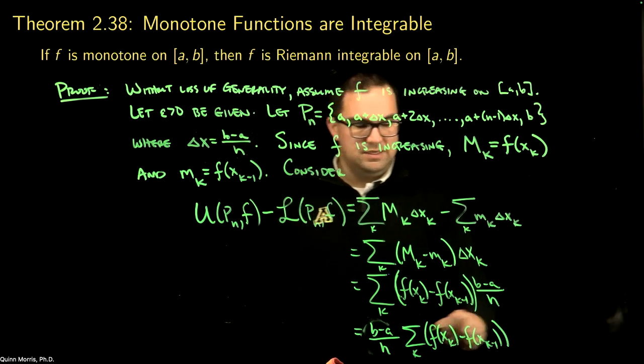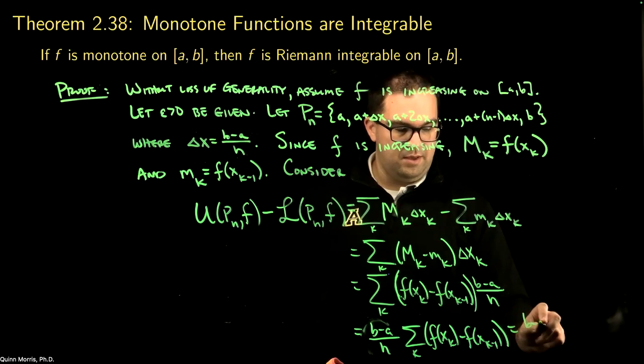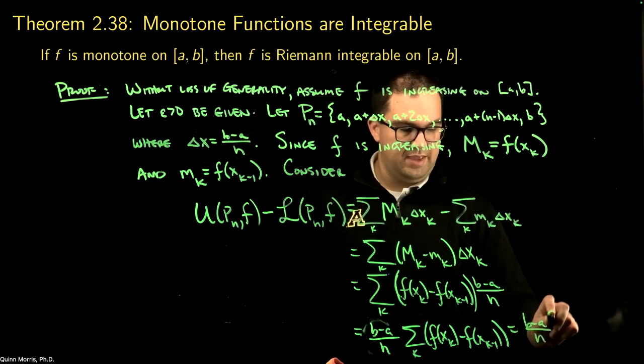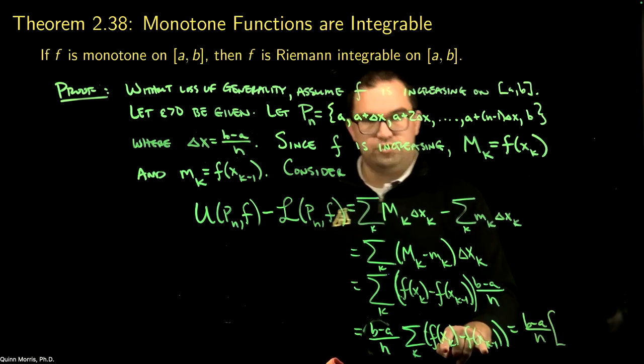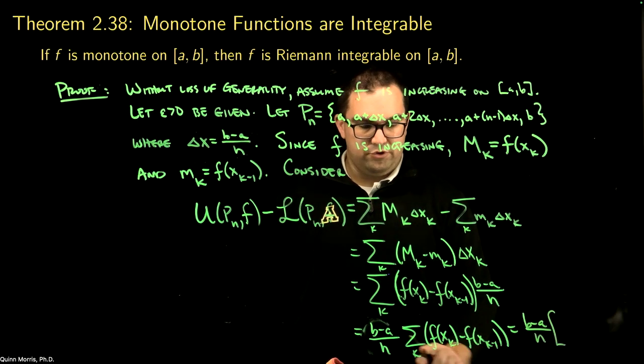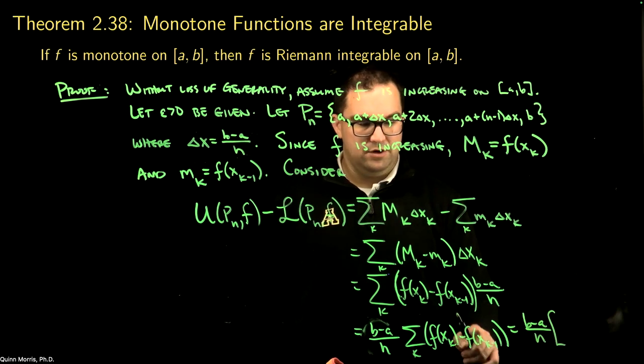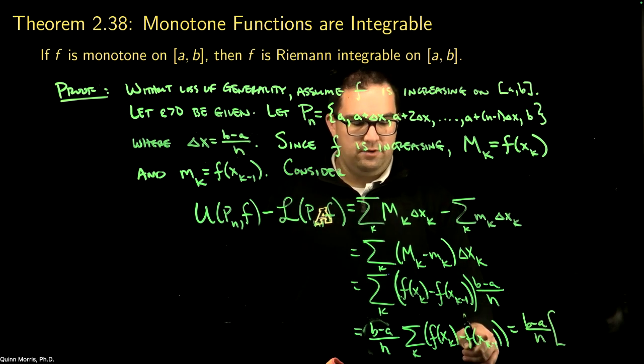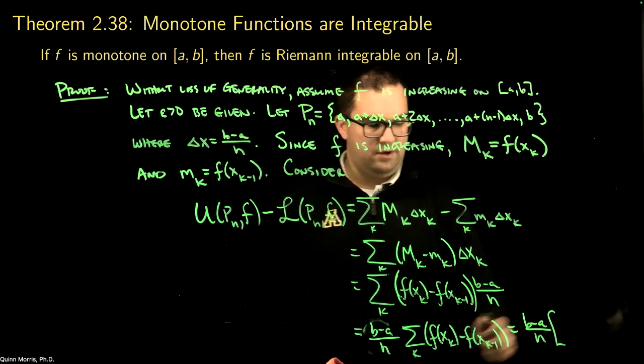And so what happens is, as you add this sum up, the (b minus a) over n remains, and there are only two terms that don't get canceled out. When k is equal to 1, you get a minus f of x0 that never gets canceled out. And when k is equal to n, you get f of xn that never gets canceled out.